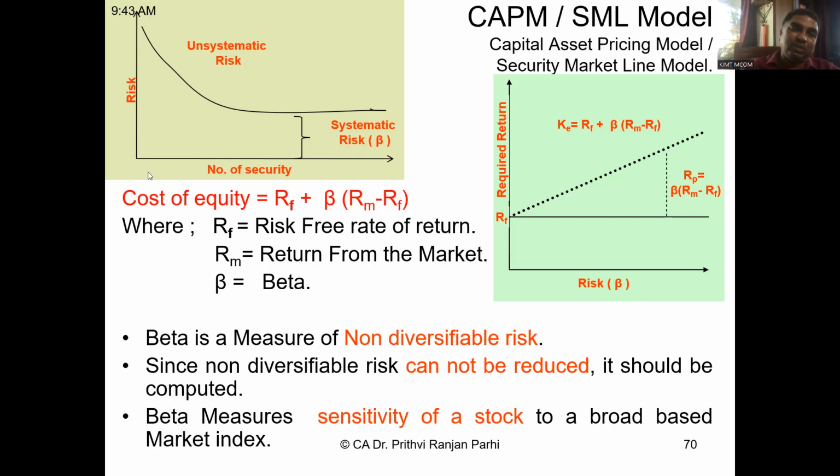There is a risk. If you invest in two companies, risk will be less. If you invest in three companies, risk will be further less. That means if you increase the number of securities, the risk line will go down.